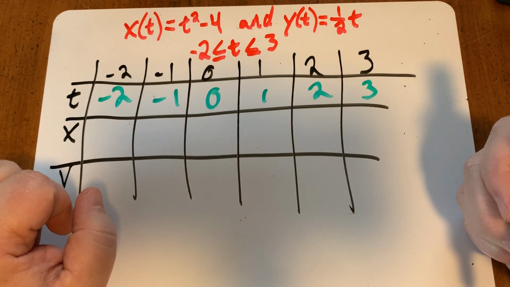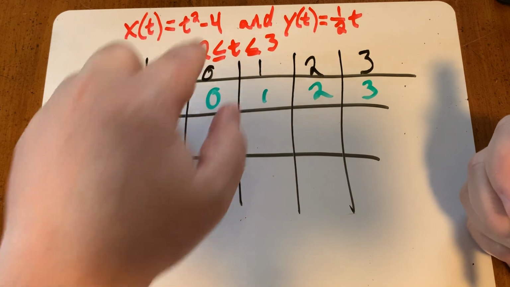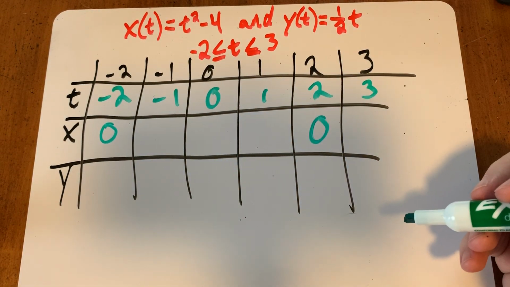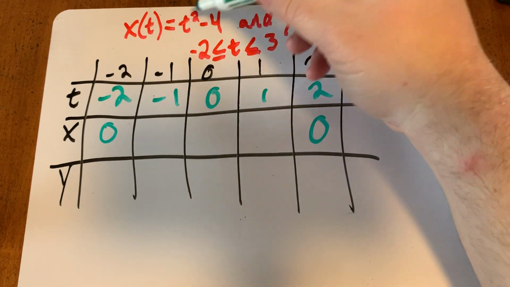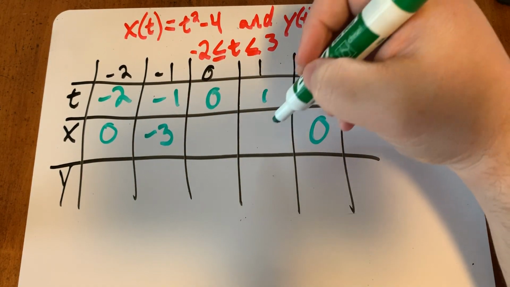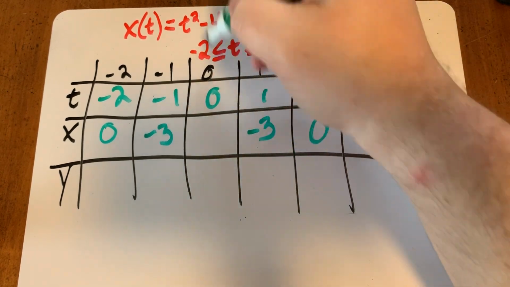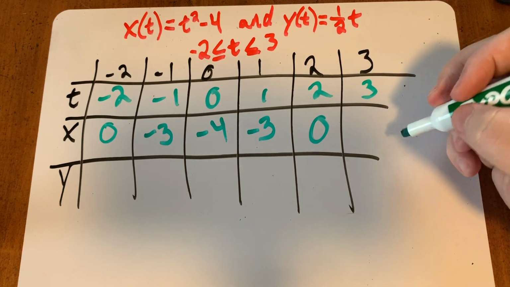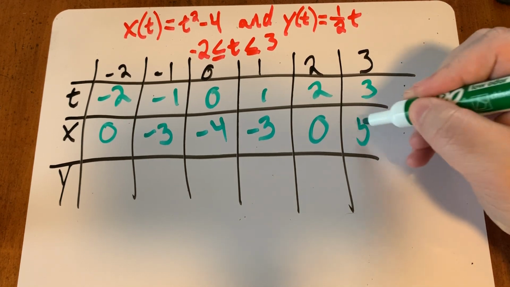So -2 squared is 4, minus 4 is 0. And then -1 squared is 1, minus 4 is -3. And 0 squared minus 4 is -4. Then 1 squared minus 4 is -3, 2 squared is 4, minus 4 is 0, and 3 squared is 9, minus 4 is 5.